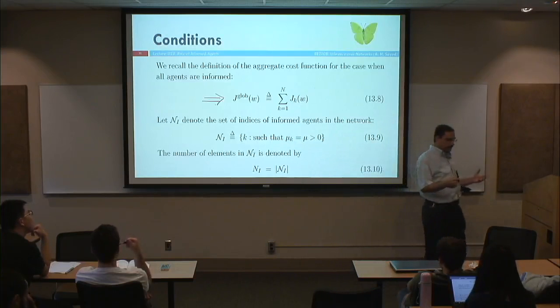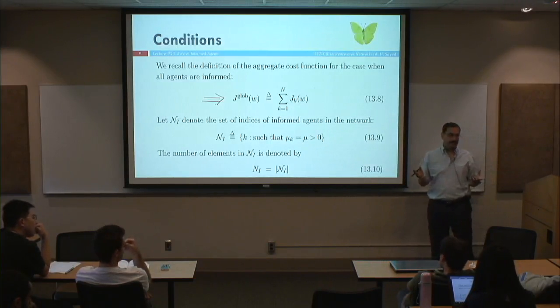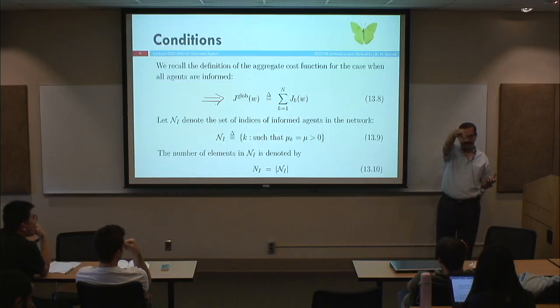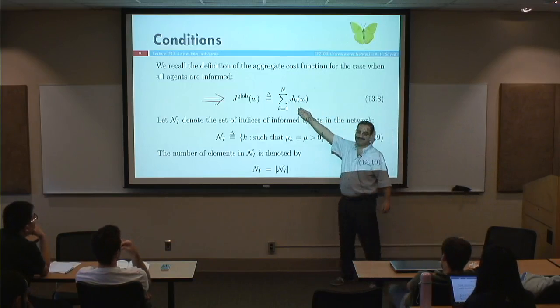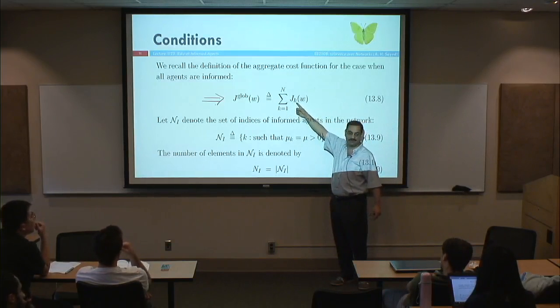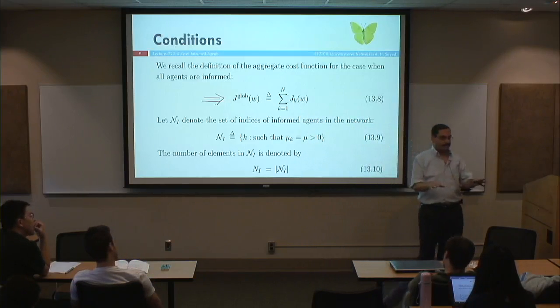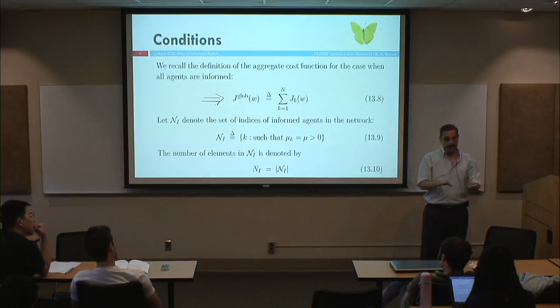Now, if some agents are uninformed, the network will never see any information about the gradient vector of that cost, right? So the network cannot be minimizing this sum, because, for example, if node 1 is uninformed and the network is running the algorithm, nowhere are you going to sense J1 or its gradient vector.